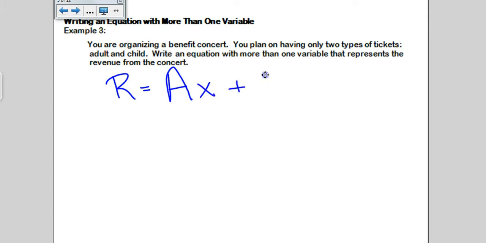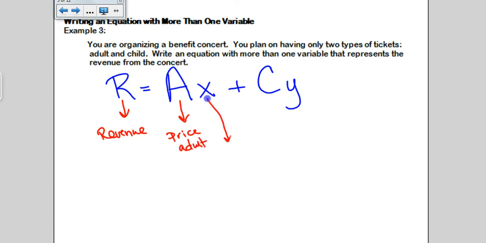And then same thing for children's tickets. Not only do I have to think about how much a children's ticket costs, but how many of them I'm going to sell. So it probably would be important if we define these variables. So this guy here is revenue, which is how much money we bring in. I'm going to call A the price of an adult ticket.